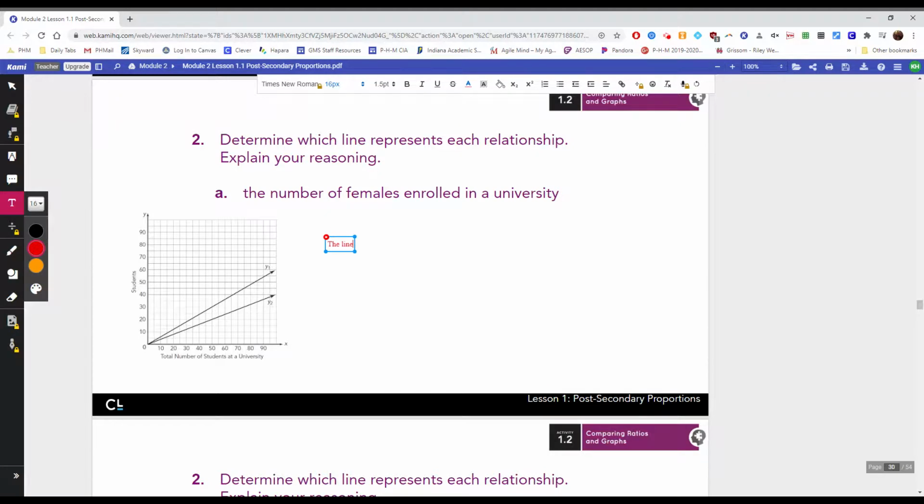So the line y1 represents the number of females enrolled in a university.